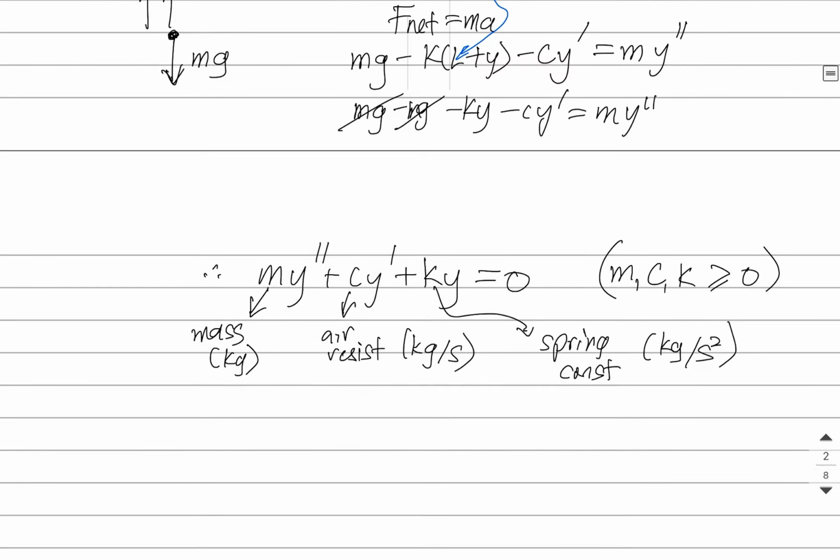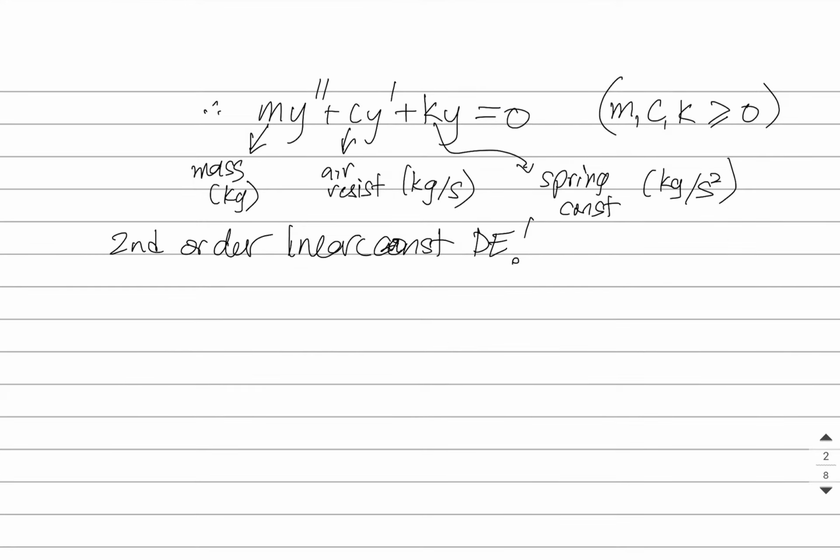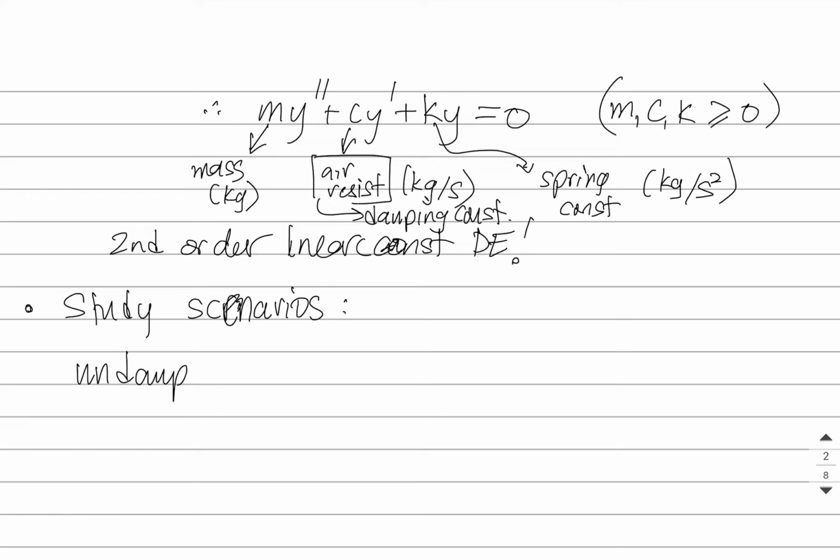And this is indeed a second order linear constant coefficient DE. Now, another name for this air resistance sometimes is called a damping constant. In what's called the undamped case, damping means that there's some sort of external resistance due to the medium you're in.